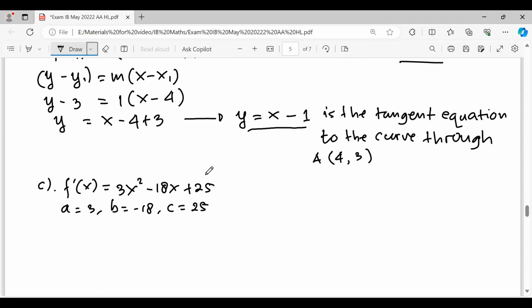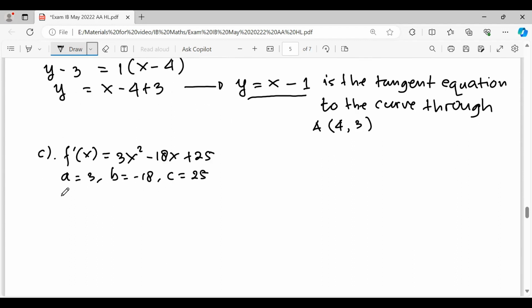It's hard for me to factorize, so I'm going to find x1 and x2 through this formula, minus b plus minus the square root of b squared minus 4ac over 2a.